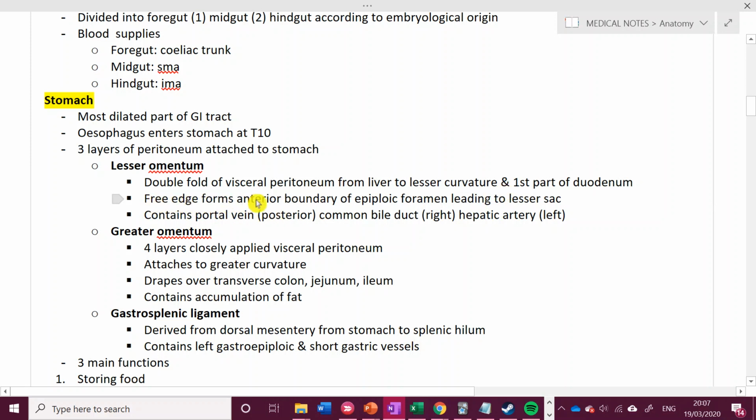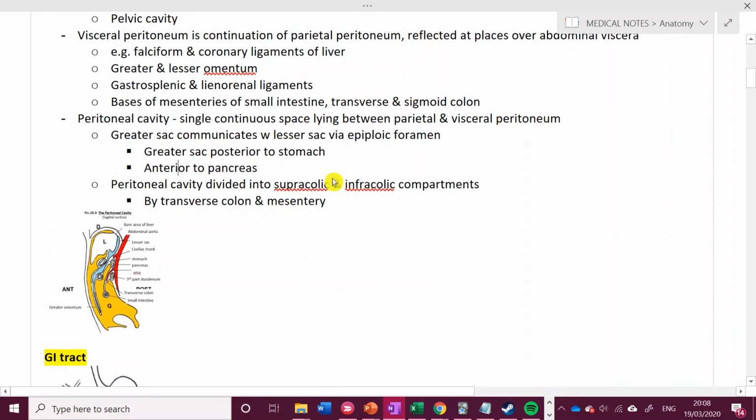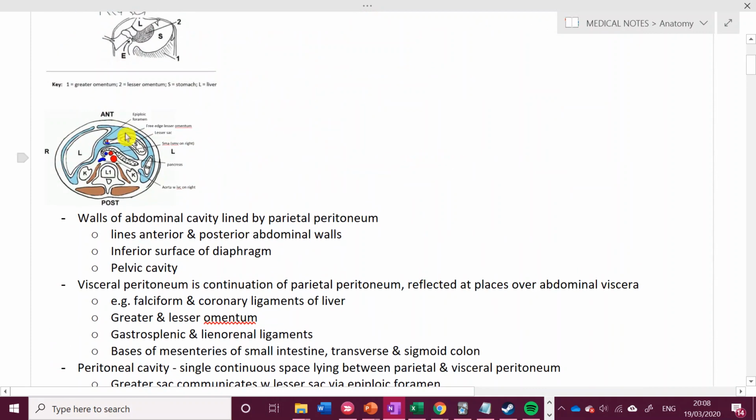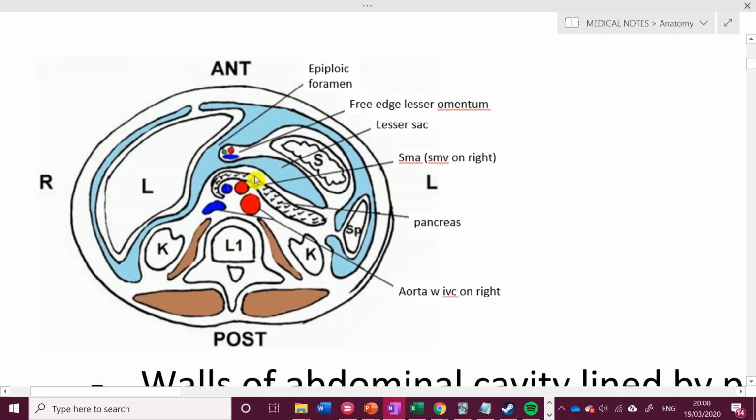Its free edge forms the anterior boundary of the epiploic foramen, leading to the lesser sac, and it contains 3 structures: the portal vein, which is posterior, the common bile duct, which is on the right, and the hepatic artery, which is on the left. So portal vein, posterior, common bile duct on the right, and hepatic artery on the left, anterior.